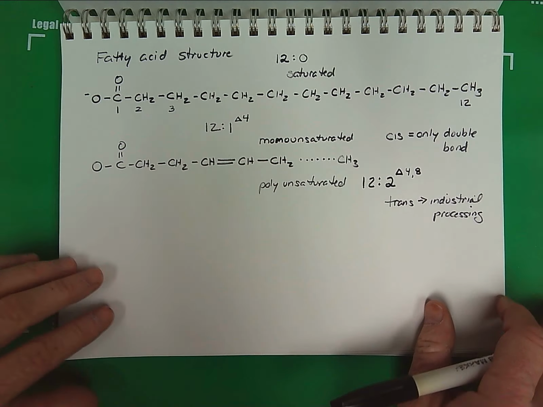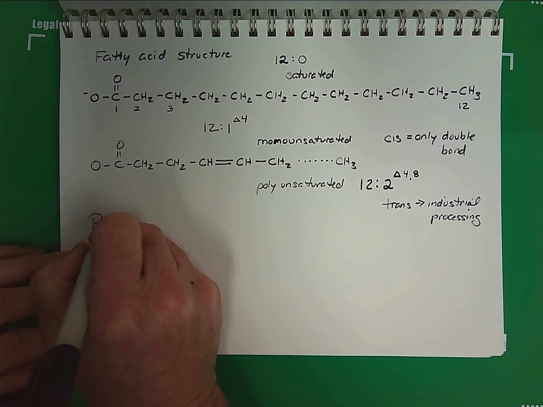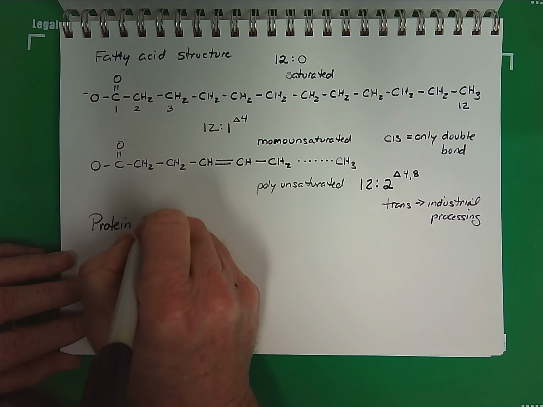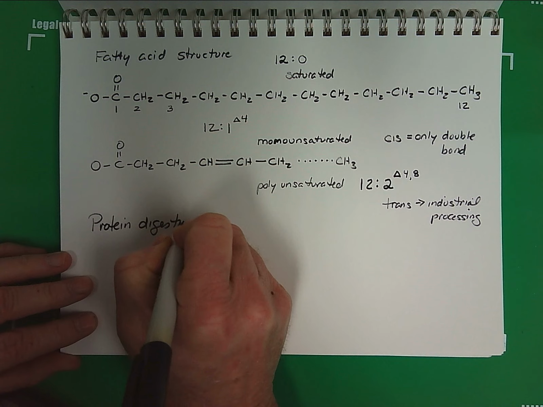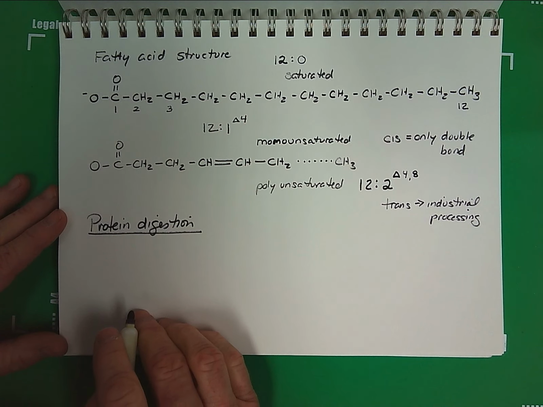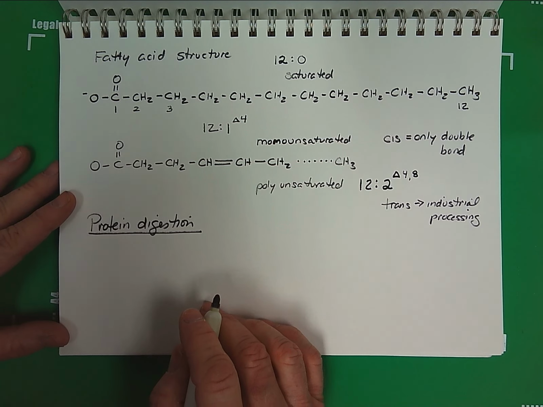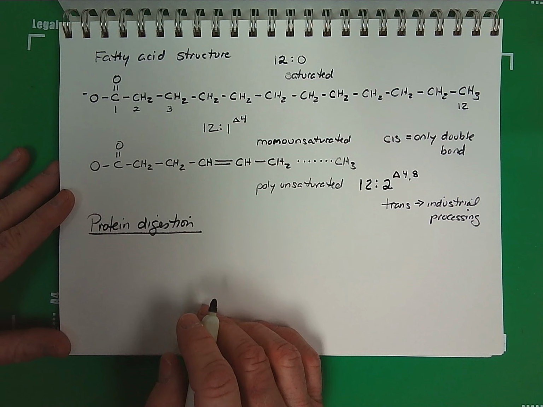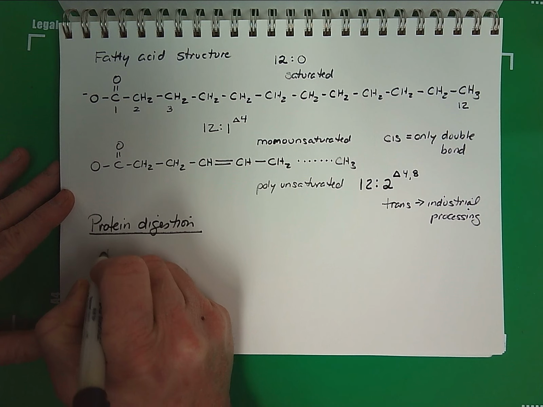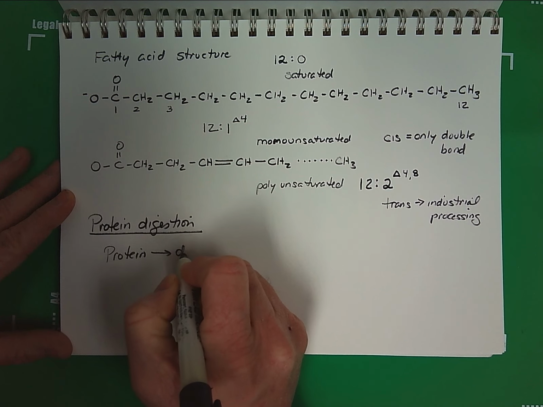Now, what about proteins? Protein digestion, we need to consider two aspects. When we consume our dietary proteins, the proteins are in their native configuration and their final form because we have obtained these proteins in that form. So the first step in protein digestion is to take the protein and denature.